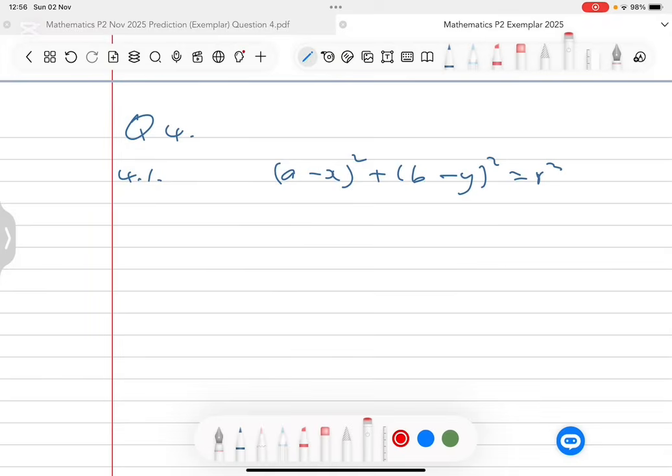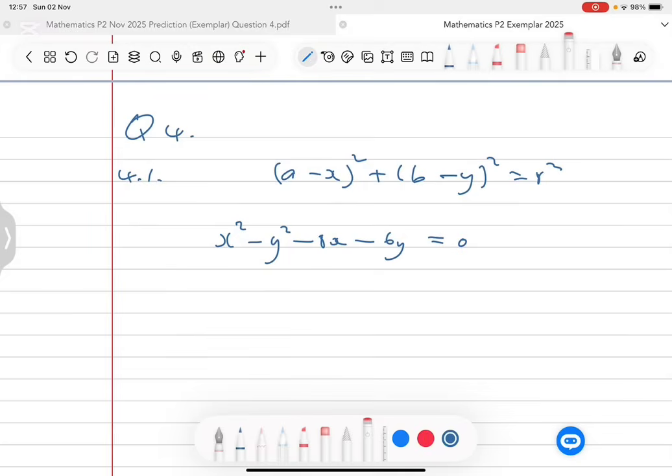Now, the equation that we are given is such that we have x squared plus y squared minus 8x minus 6y is equal to 0. For me to take this equation to that form, I need to use a method of completing the square. Then I'll be able to change this form to that form.